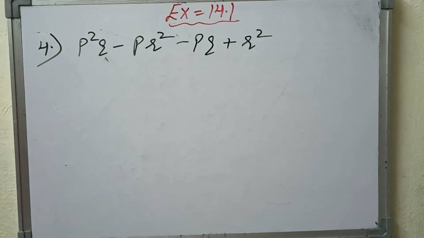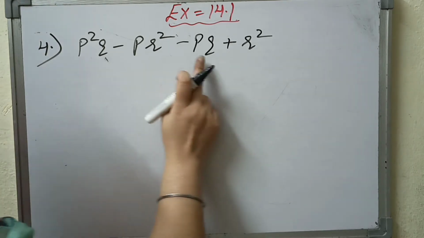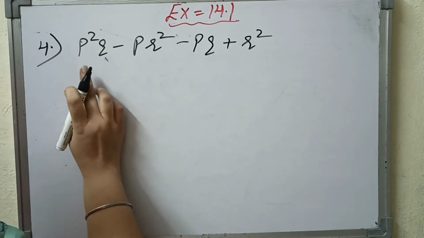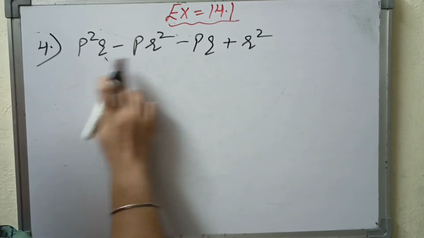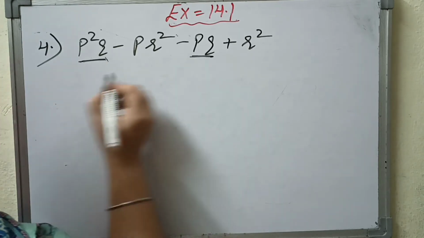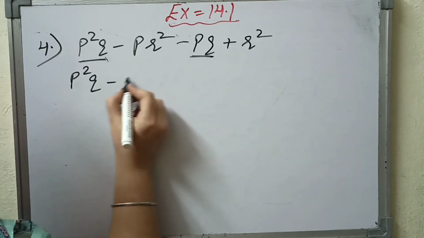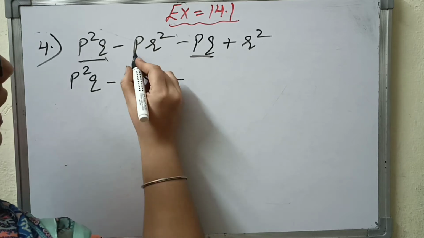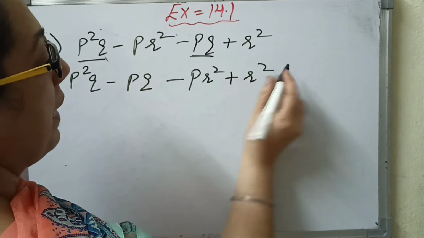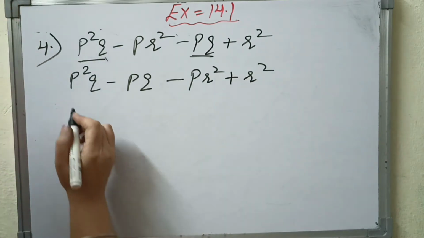In sum number 4, there are 4 terms. When there are 4 terms, then we can regroup the terms in pairs. For example, here p square q and pq, put them in one bracket, and the other terms we can write, minus pr square plus r square.